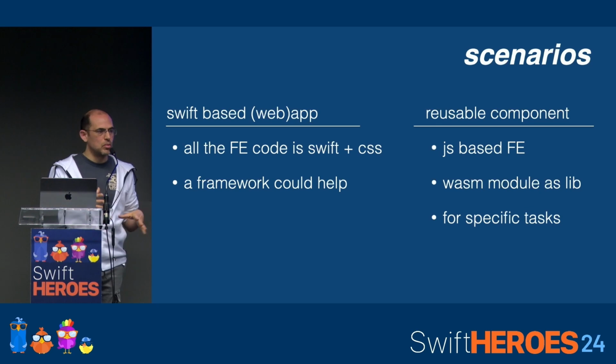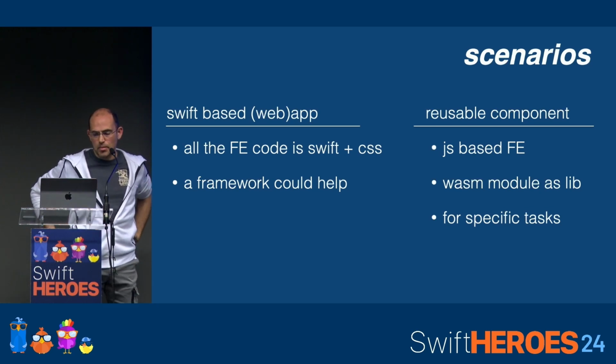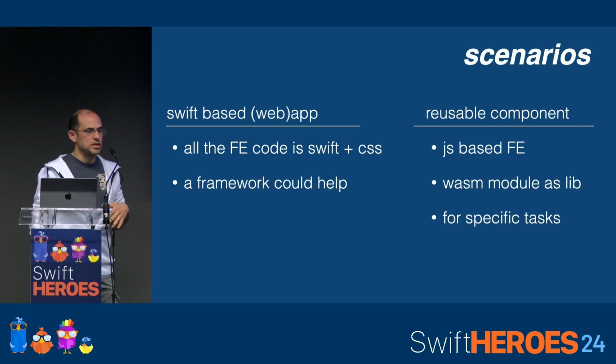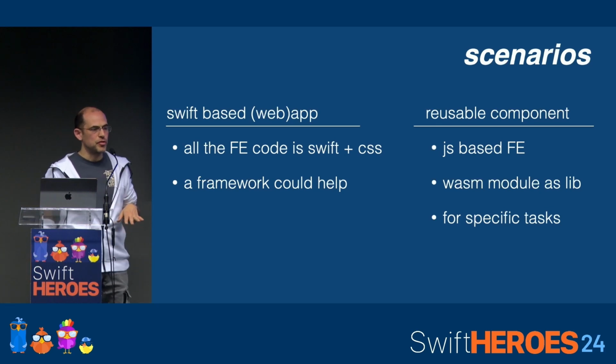So your whole web application will be Swift, and CSS, of course, if you want to do some styling. The other, completely different scenario is you have a web application already in JavaScript, React, whatever you want, but you want to integrate some kind of Swift feature.